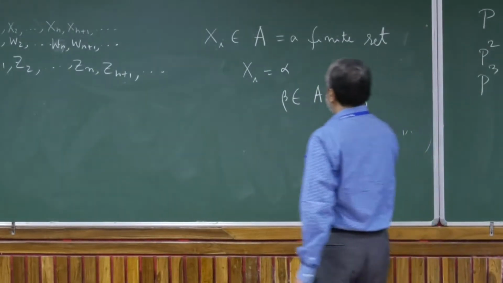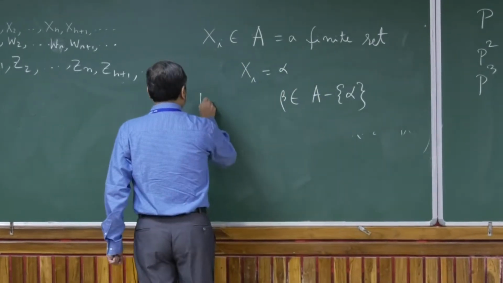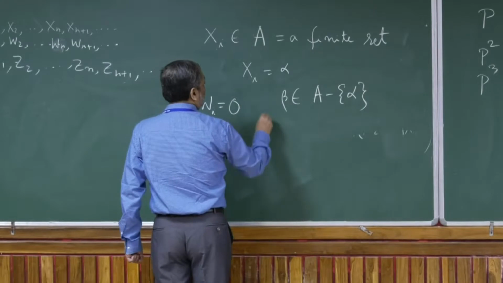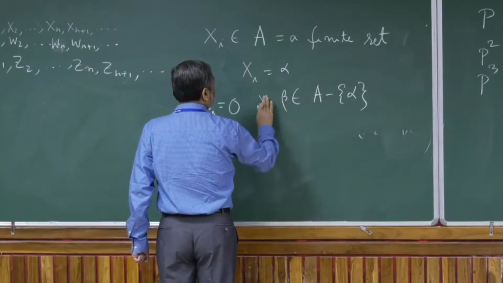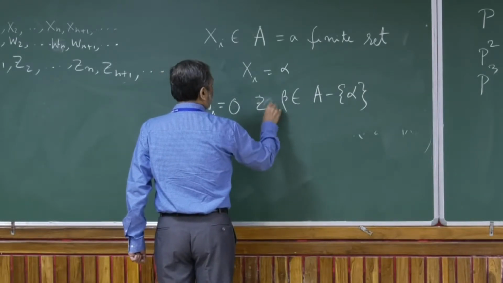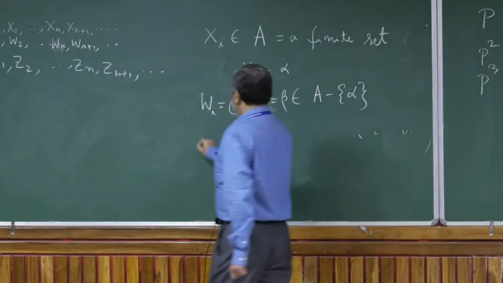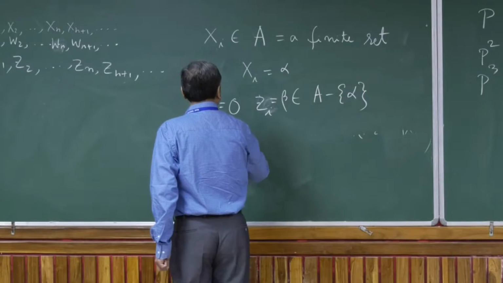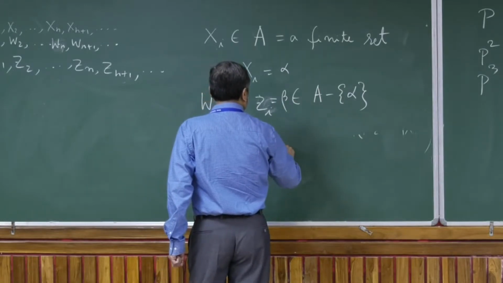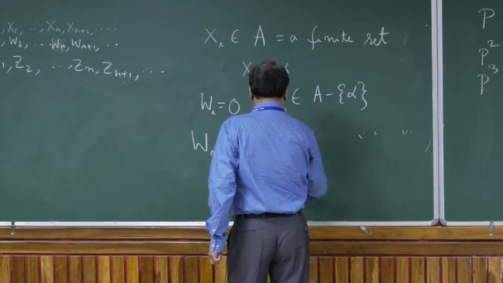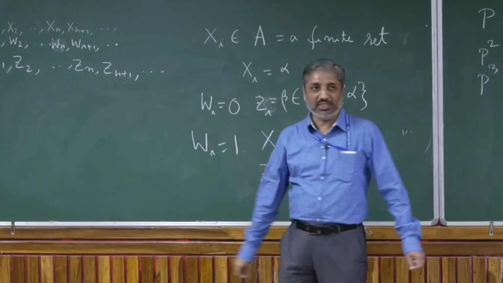So if Wi is equal to 0, then Zi becomes some beta. And if Wi is equal to 1, then Xi equal to alpha implies Zi is also equal to alpha. So no mutation, no change.